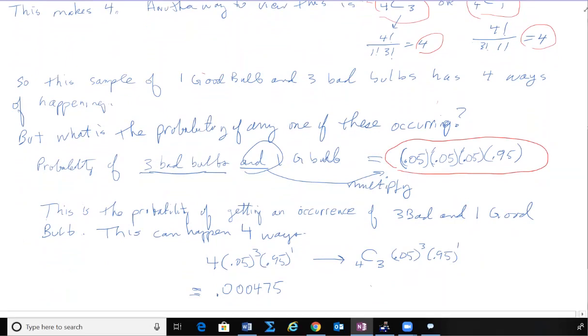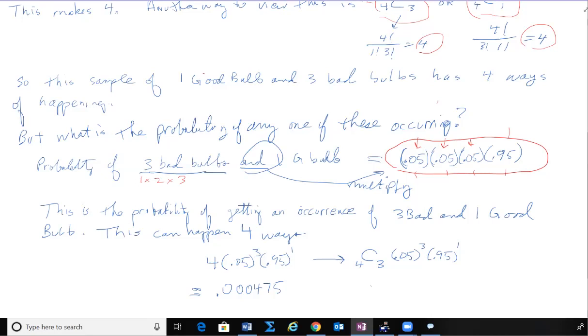Well, 3 bad bulbs is first bad bulb times the second times the third. That's probability. 3 bad bulbs, that's first, second, third bulb. We're multiplying the probabilities of each one of these. First, second, third. So here are the probabilities. We're going to multiply them. And then the fourth bulb would have to be a good bulb.